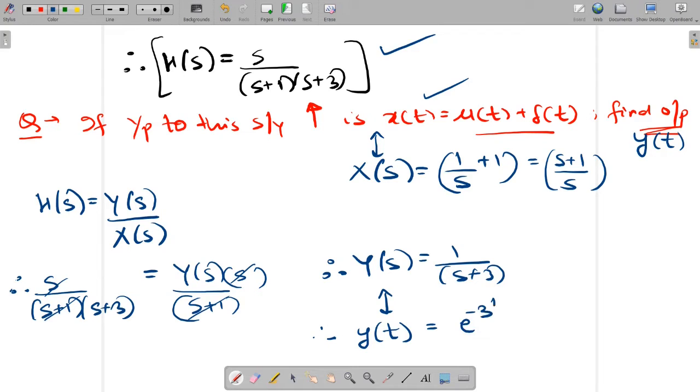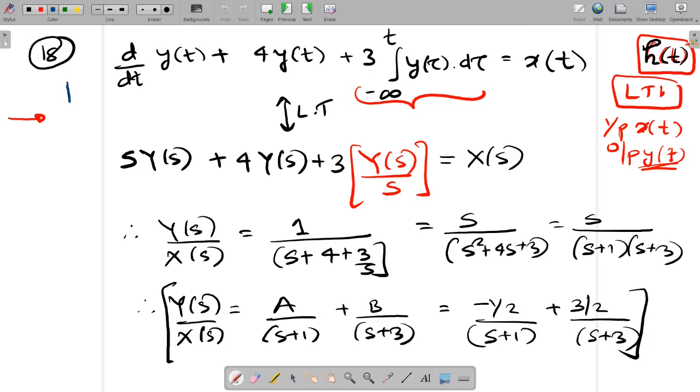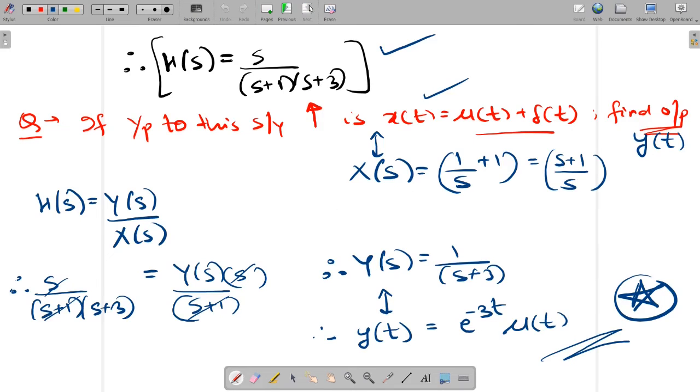E raised to minus 3t u of t. Mark this sum as very, very important. It often comes into the exam, a very good sum to have. And that takes care of convolution also. Alright, that takes care of the properties.